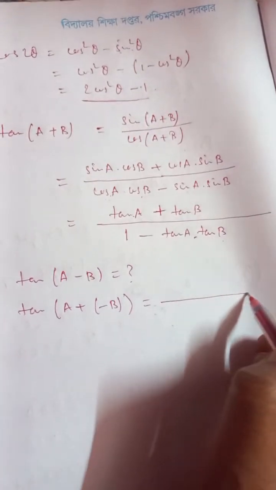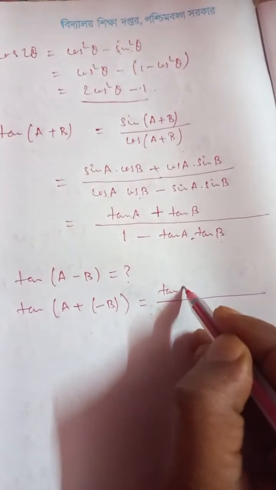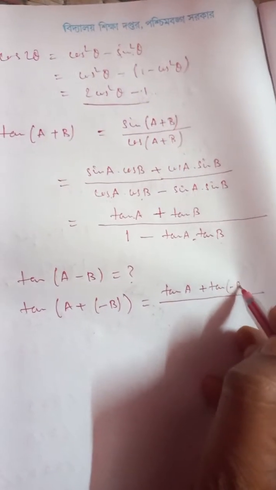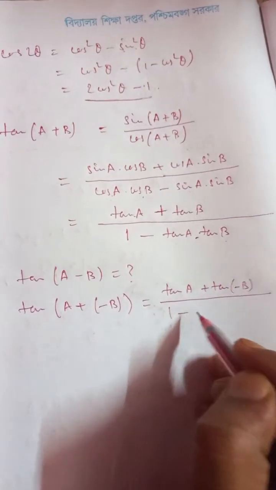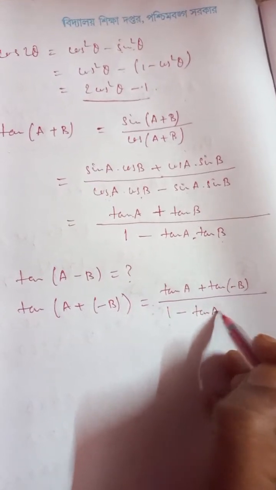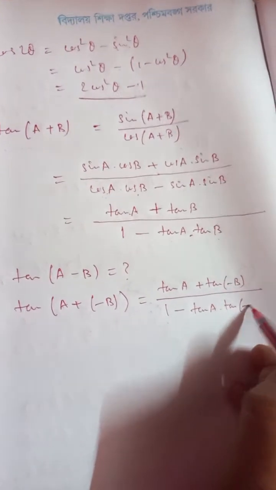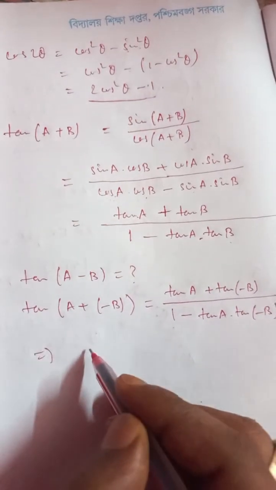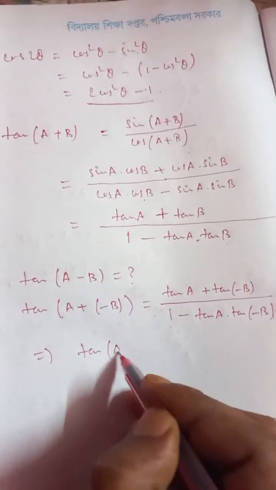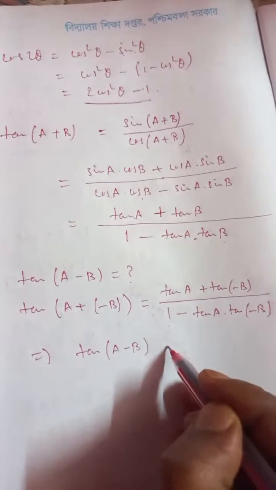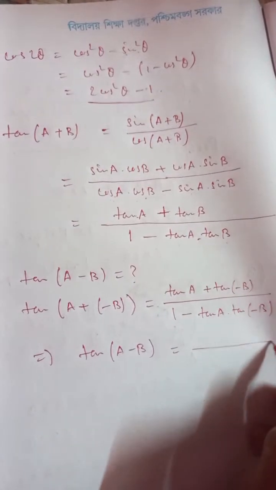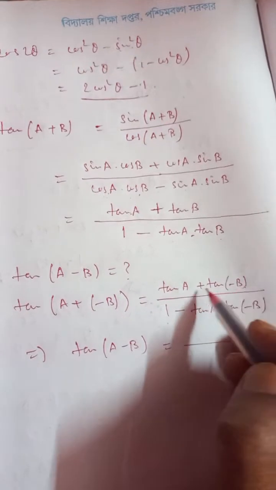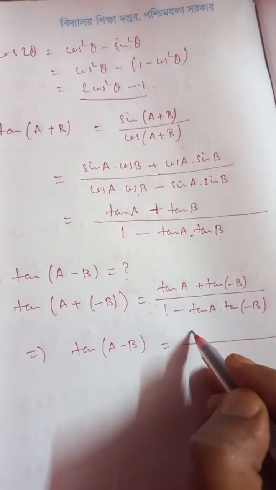This can be written as tan a plus tan(minus b) by 1 minus tan a tan(minus b). This implies that tan(a minus b) is equal to, in the fourth quadrant, tan(minus b) is negative, so minus tan b.